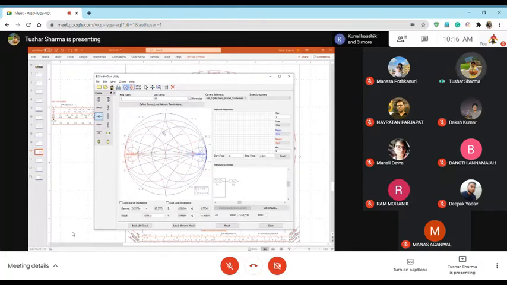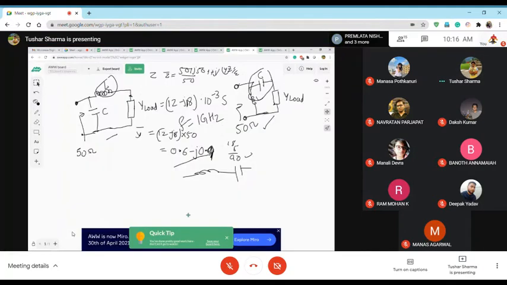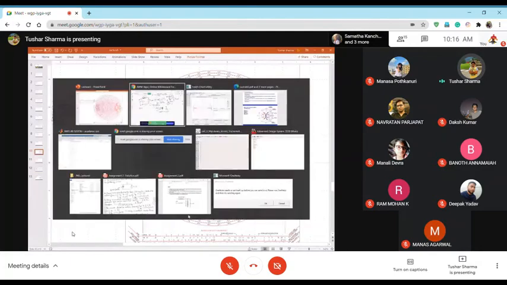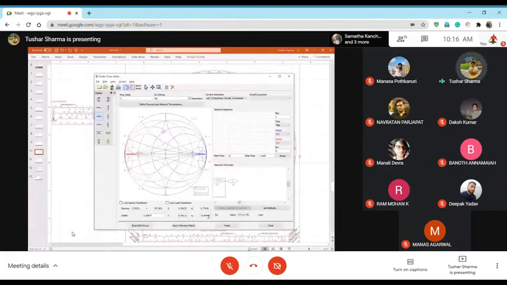That's why. 0.6 minus j0.9. This is fine. So this is 25 plus j this.